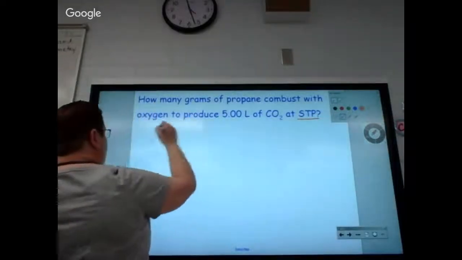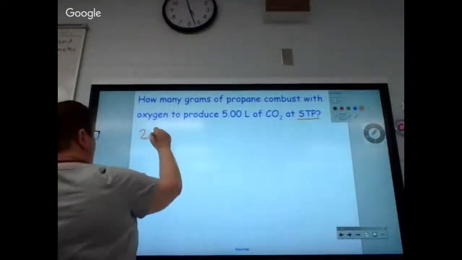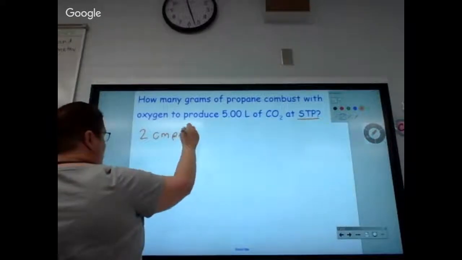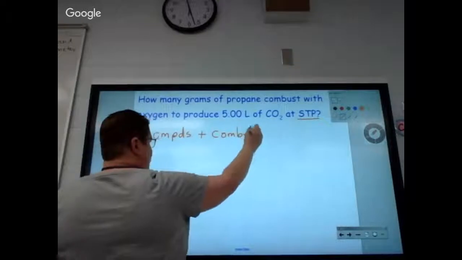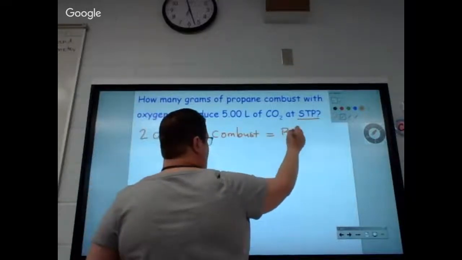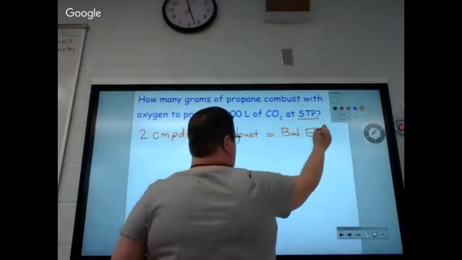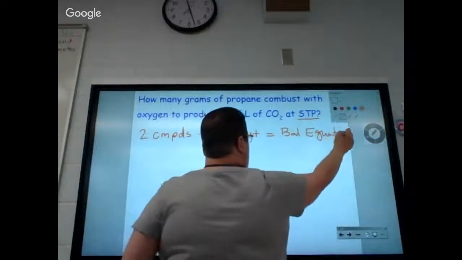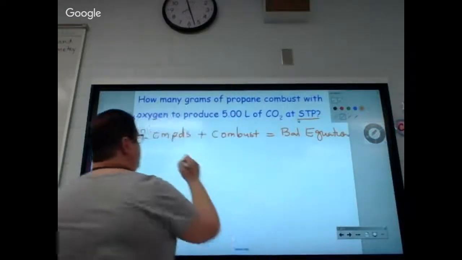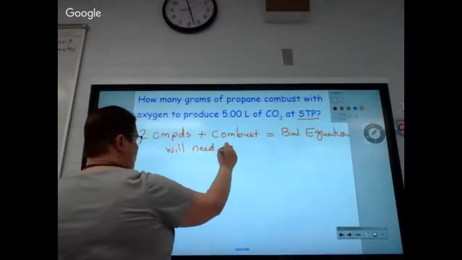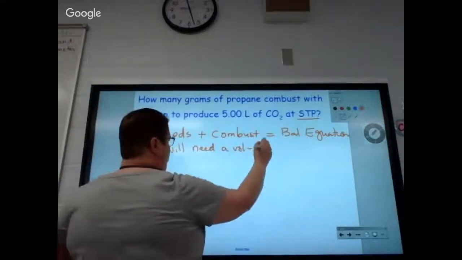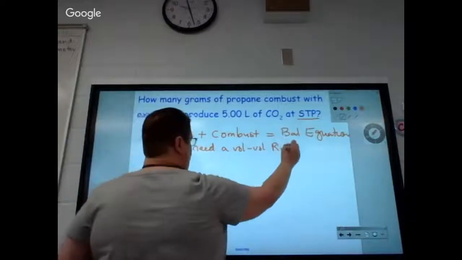It uses the word combust and it has two compounds, okay? The two compounds plus the combust equals a balanced equation, okay? Which means you're going to need a volume ratio.